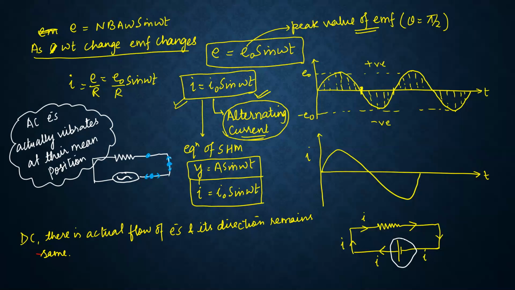These vibrations are so strong that they will आगे वाले जो भी आपका इलेक्ट्रॉन होगा, उस इलेक्ट्रॉन को will provide that energy, that vibrational energy, and each and every electron present in the circuit starts vibrating at their mean position.